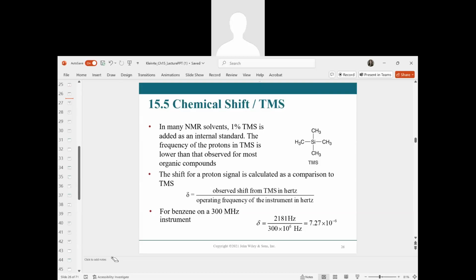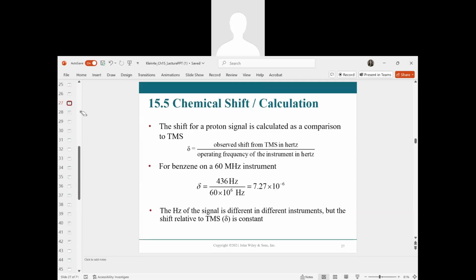But notice that it's times 10 to the negative 6. So when we divide our frequencies, we can see that it's 7.27 parts per million, because we have that times 10 to the negative 6. So that's where the unit of ppm comes from.